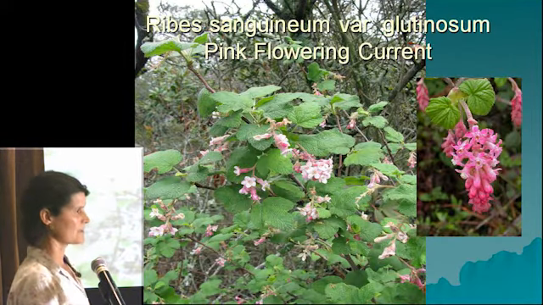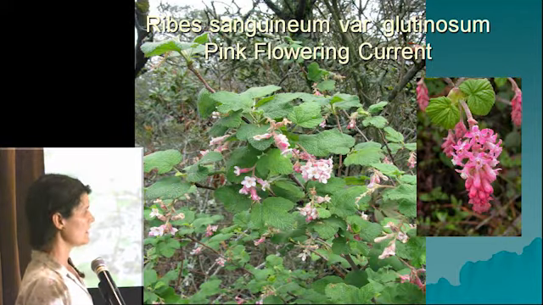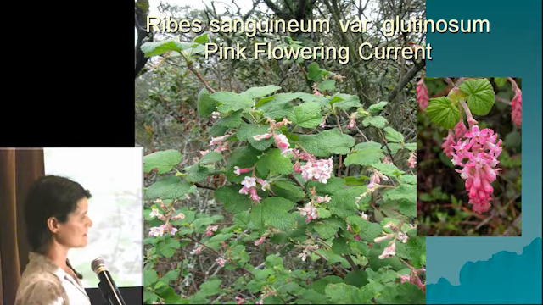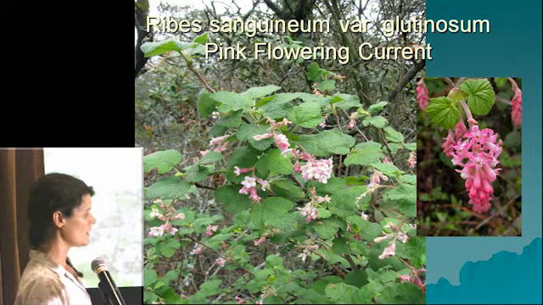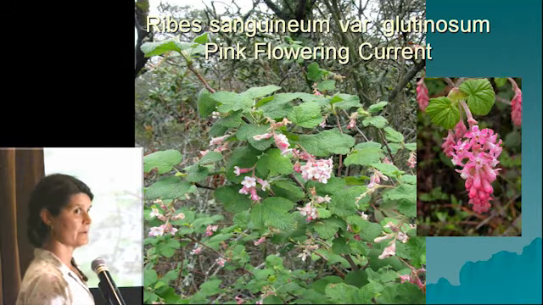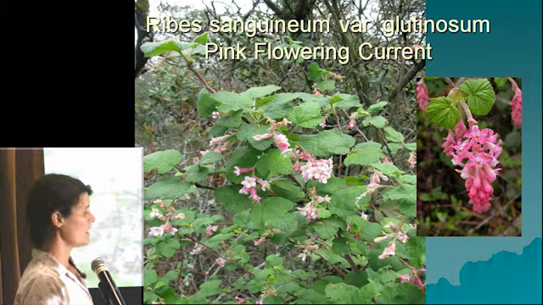Another nice habitat plant for birds, hummingbirds especially, is the Ribes sanguineum variety glutinosum, the pink flowering currant. This is actually a deciduous shrub also, but if you give it a little extra water in the summertime, it will stay green.